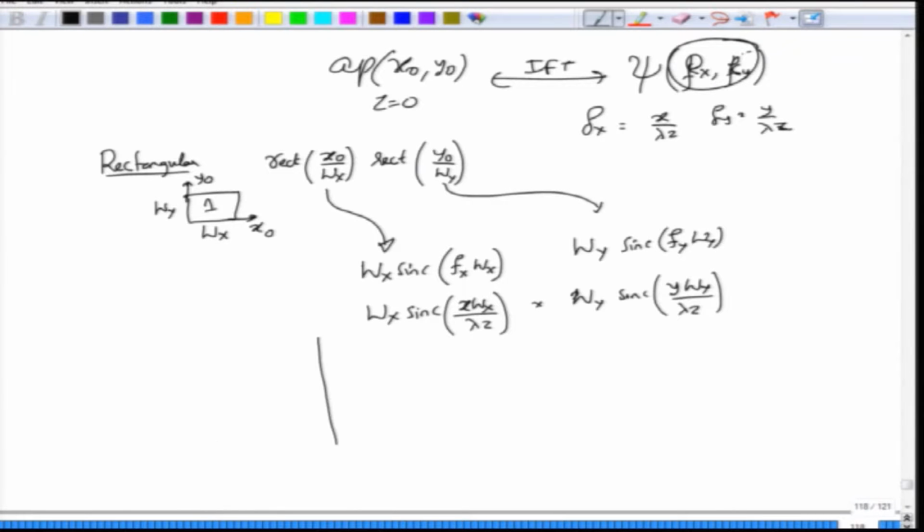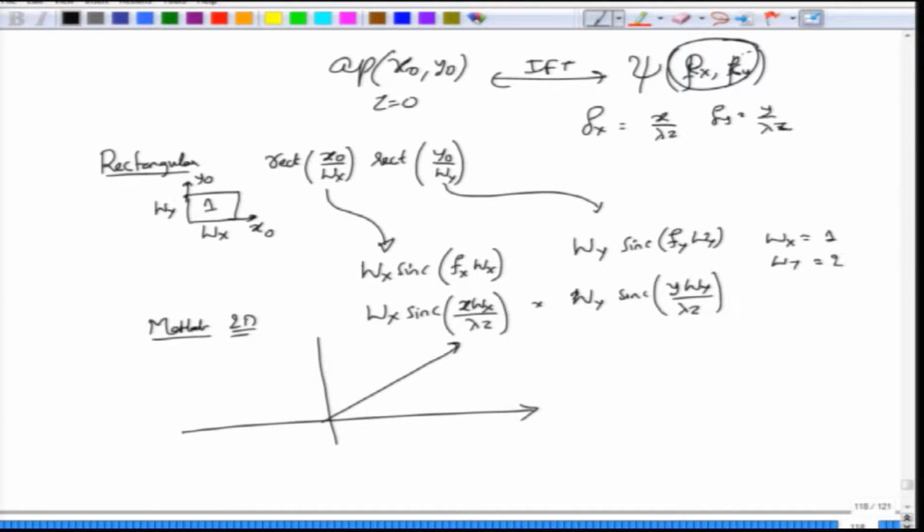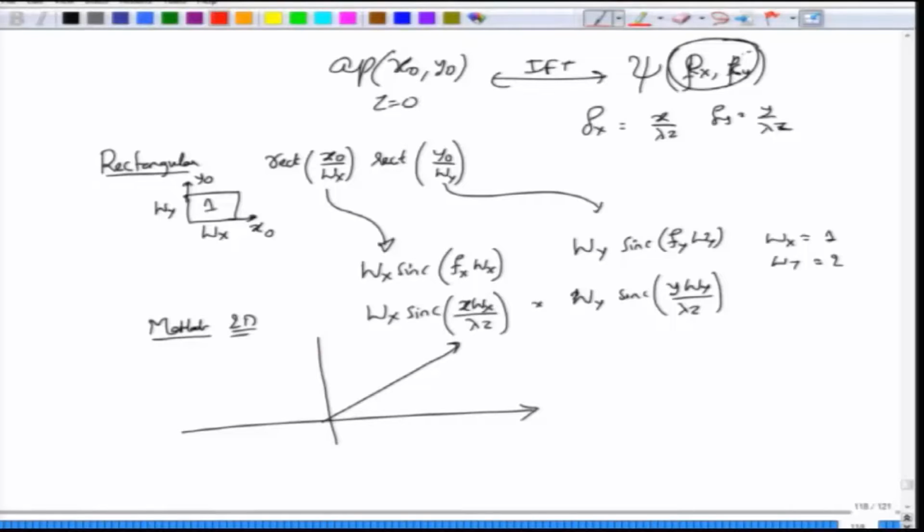And if you sketch what you are going to get in terms of x and y, actually you can use MATLAB to give you a 2D graph for this. So, you just define, so imagine that w x is given by 1, w y is given by 2, and then you can write down a simple MATLAB script in order to see what the two-dimensional distribution would be. Of course, the one-dimensional distribution is very well known to you, right.